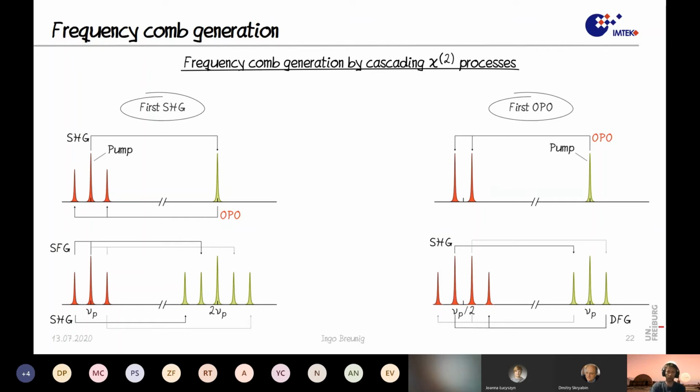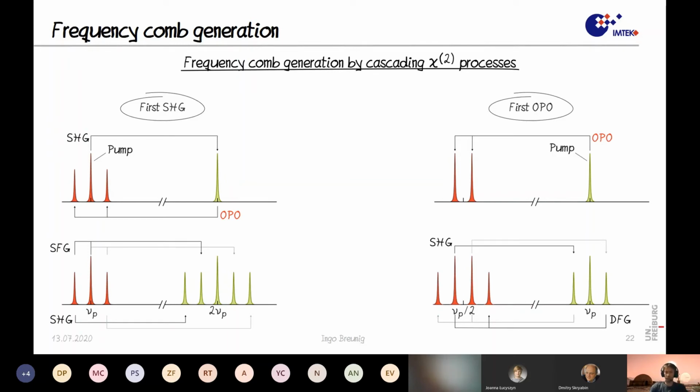So we have basically generated two combs now, one centered around the pump and one centered around the second harmonic. A similar cascade can be started if you start at the higher frequency. You have the pump frequency here, and you are generating a signal and idler around the point of degeneracy, very close to the degeneracy.